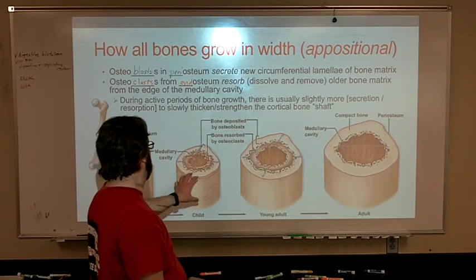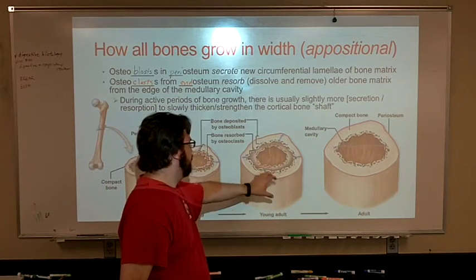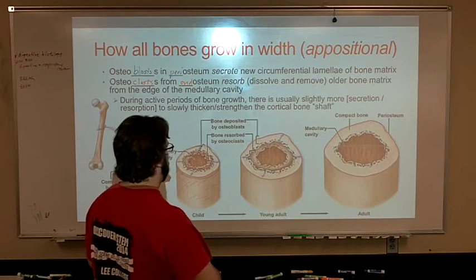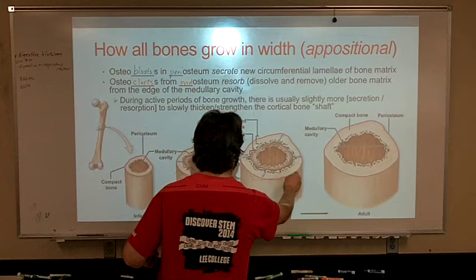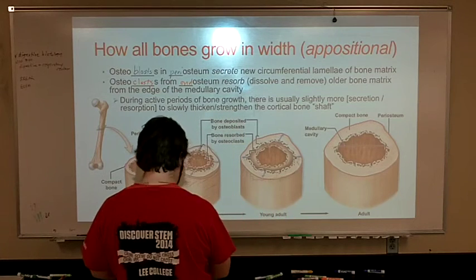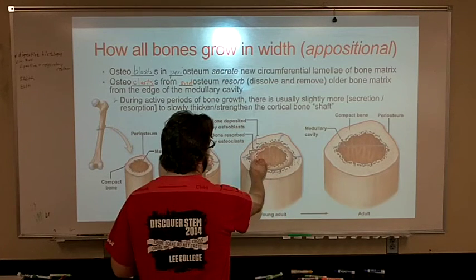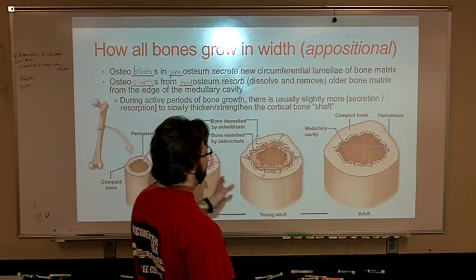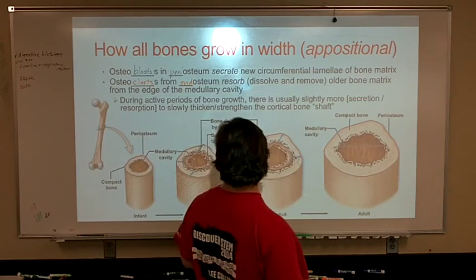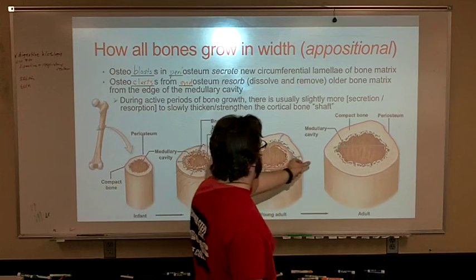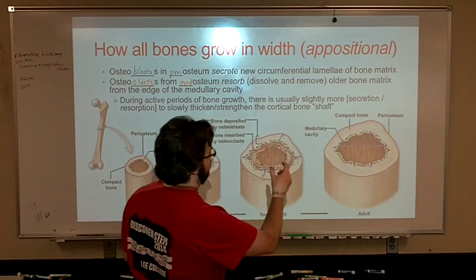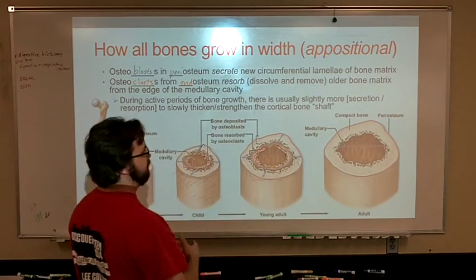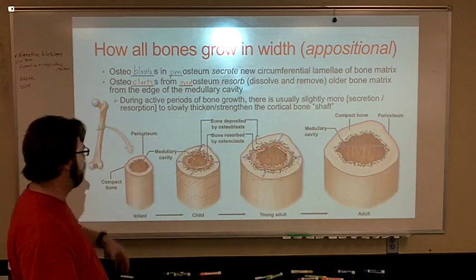And so that then gets replaced again, and as the bone gets bigger, you get more new growth here on the outside, and you get more old bone resorption on the inside, and eventually you get to the size of an adult bone that has gotten a little bit thicker in how thick the actual compact bone is, but the bone itself is much, much wider than the infant bone.